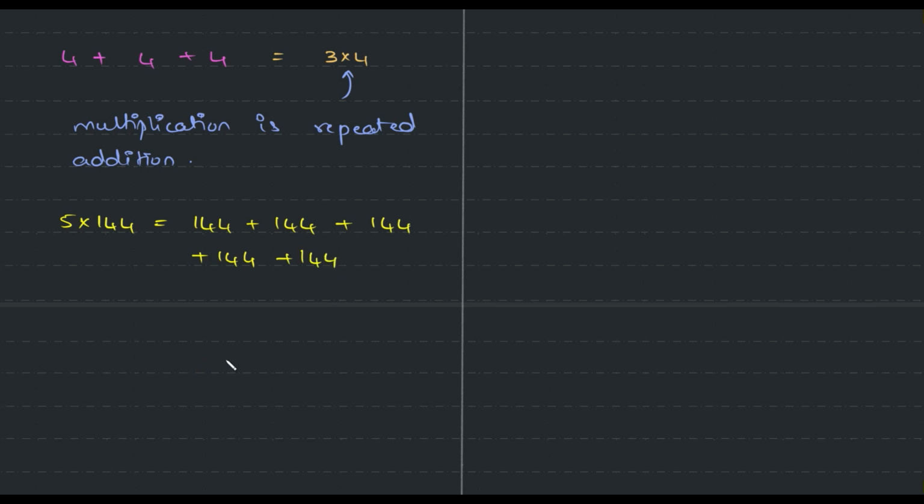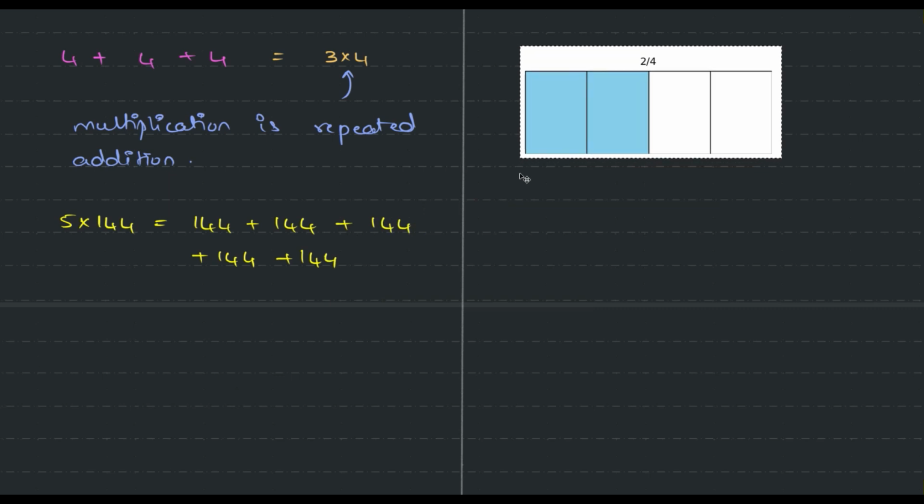In a similar manner, when I have 2 by 4, I can express this as 2 times of 1 by 4. That is 1 by 4 plus 1 by 4. As you can see, there are two 1 by 4s. 1 by 4 plus 1 by 4.